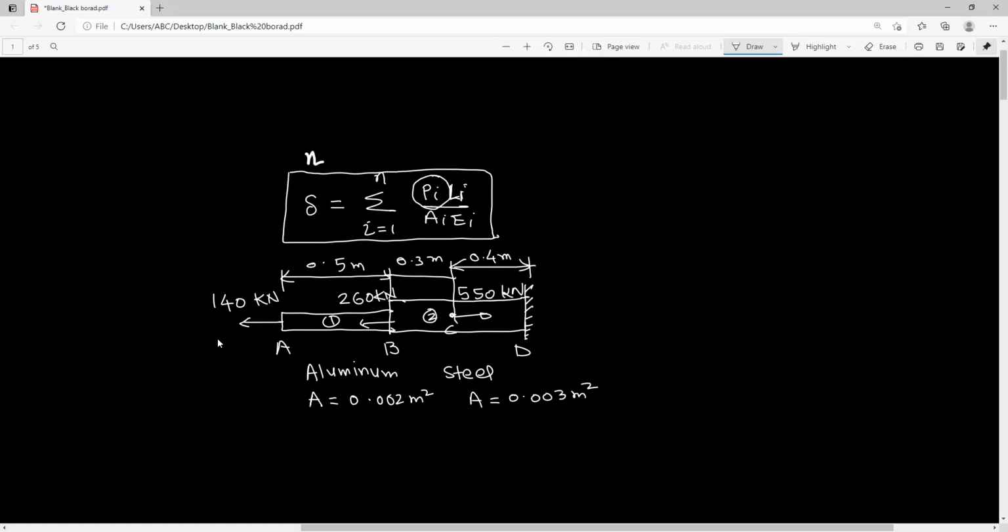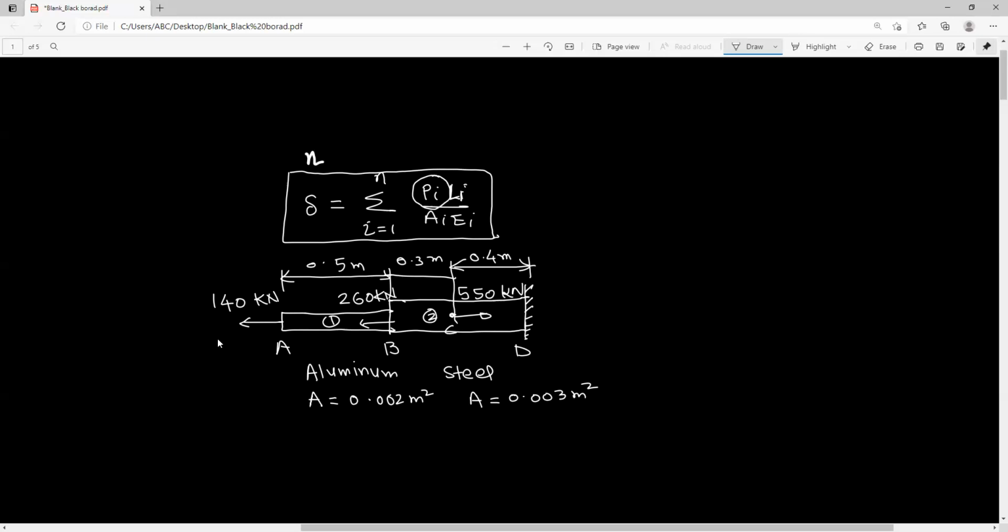You may notice where the material property changes and where the loading condition changes, and according to that we have to split our bar and calculate the internal axial force using the concept of free body and equilibrium of the entire bar and the cut section of the bar.